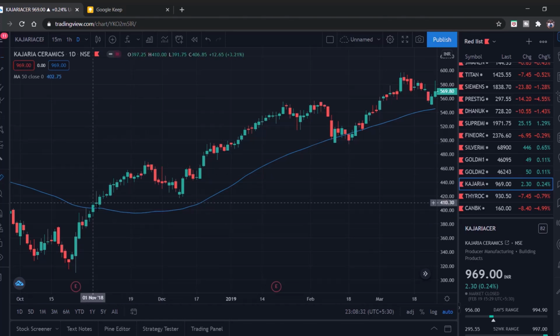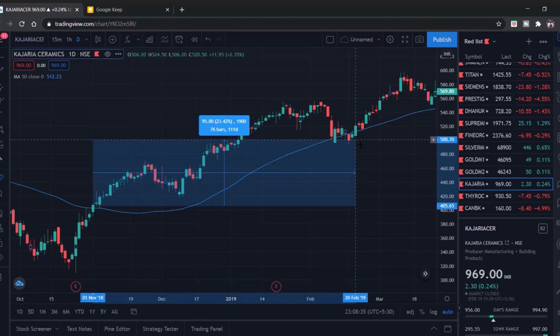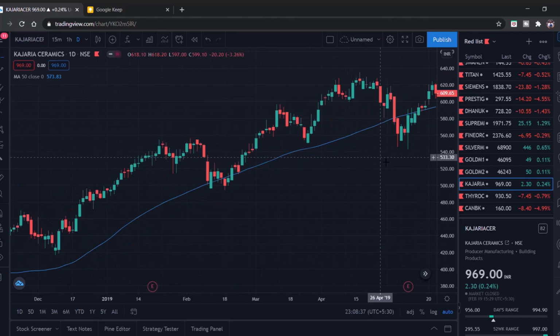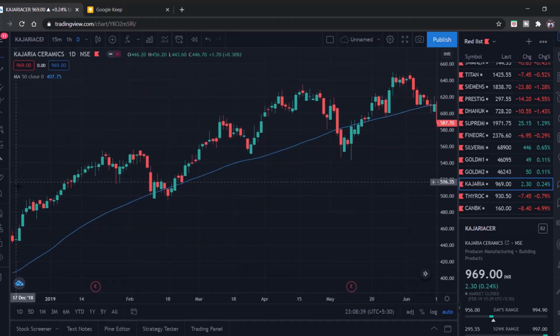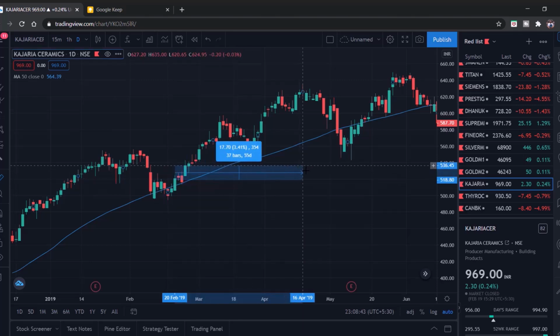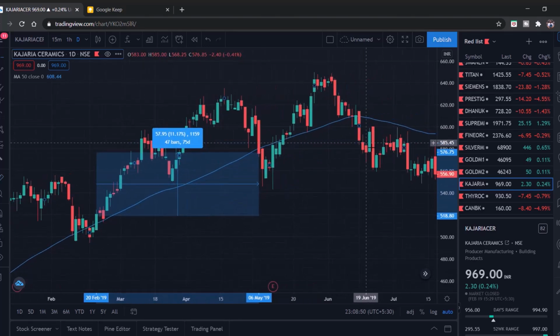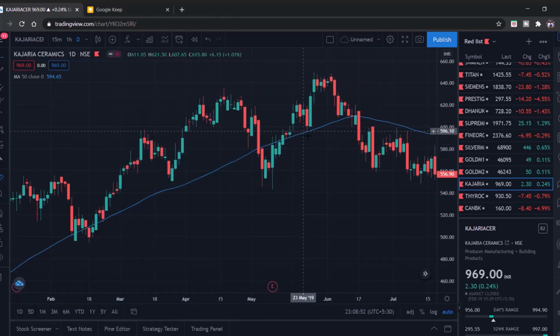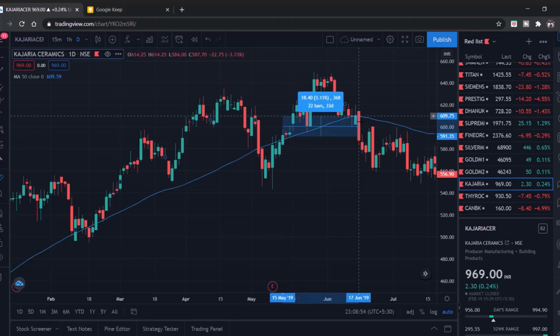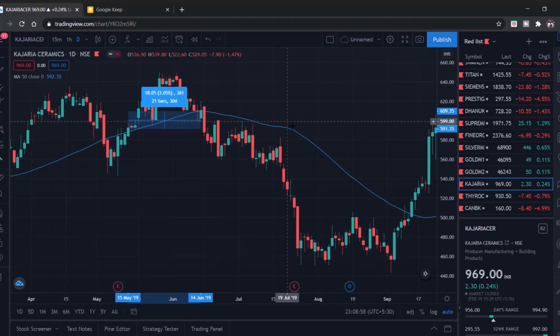So we would be taking a whopping 23% using a very simple strategy. So we do the same thing again. We enter when it closes above the line and exit here. That is another 11%. So again we enter here, exit here, and we would be taking 3%.